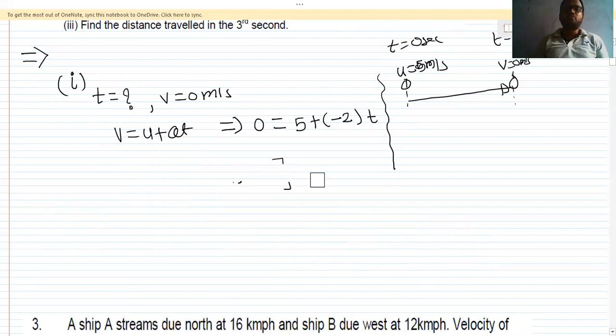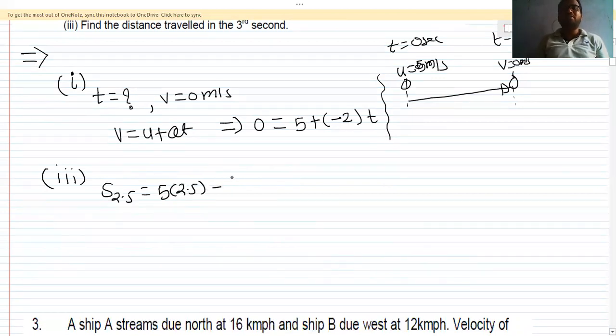For the distance traveled in the third second, we first have to calculate the displacement in 2.5 seconds, and that is u, which is 5, into 2.5, minus half into a t squared, where a is minus 2. T squared is 2.5 squared. If you solve this, you will get 12.5 minus 6.25, and if you calculate it, you will get 6.25 meter.